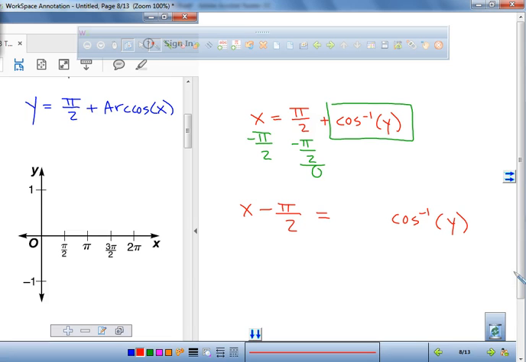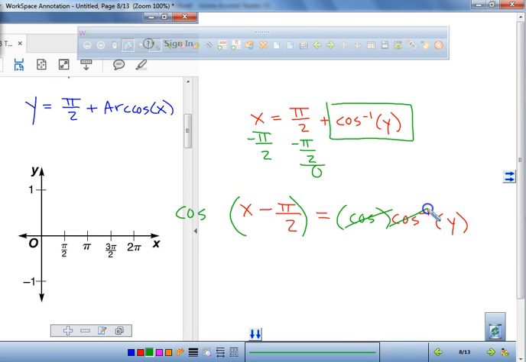Now, the last problem, what did we do? We multiplied both sides by the inverse of tangent to get rid of tangent. This time, to get rid of the inverse of cosine, we're actually going to multiply both sides by cosine. So we're going to multiply the right side by cosine, and we're going to multiply the left side by cosine. So what happens?